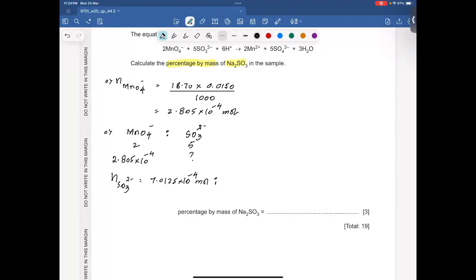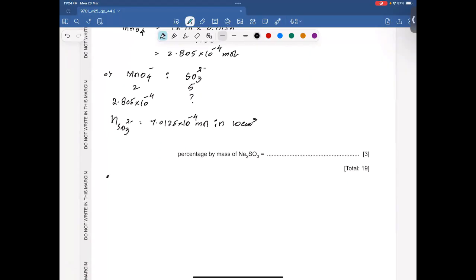And obviously, these moles we have got in 10 cm cube. So in 10 cm cube, we have 7.0125 into 10 to the power minus 4 moles.